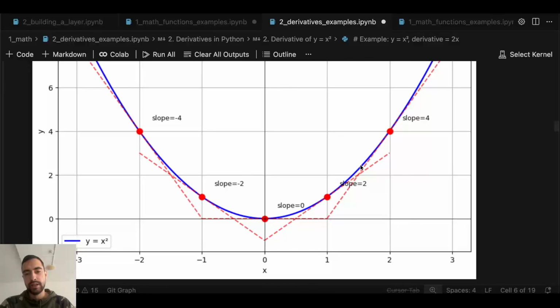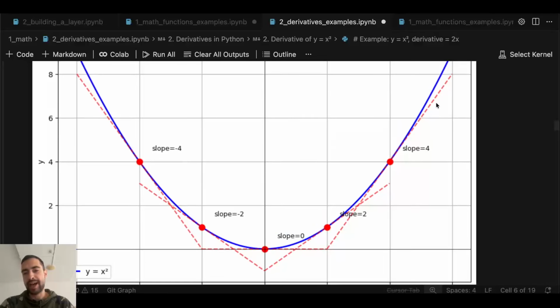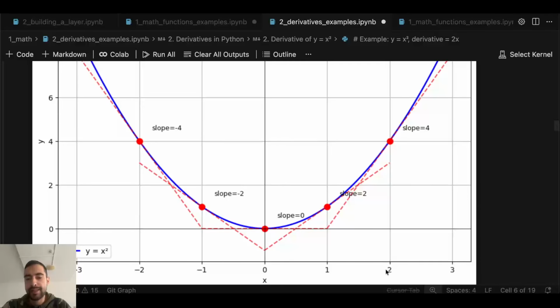At 1, there is a slope. At x equals 2, there is an even higher slope. So this slope is basically the derivative. I told you that at x equals 2, if you increase x by a little bit, for example by 0.001, the y will increase by 4 times that amount.